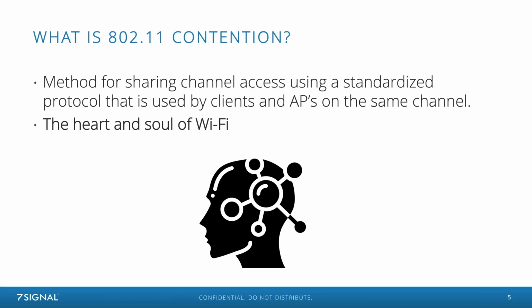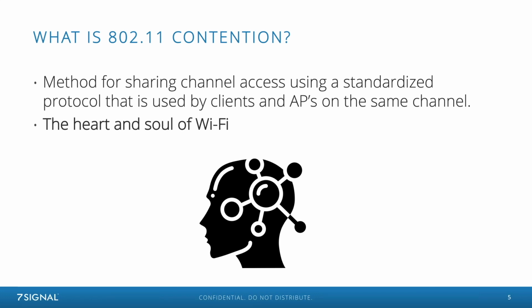So let's talk about Wi-Fi contention, 802.11 contention. A little background on what we're even talking about today. Contention is a method for sharing channel access using a standardized protocol that is used by all the clients and APs operating on the same channel.